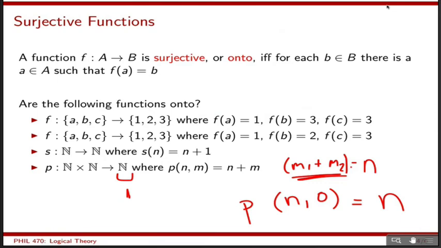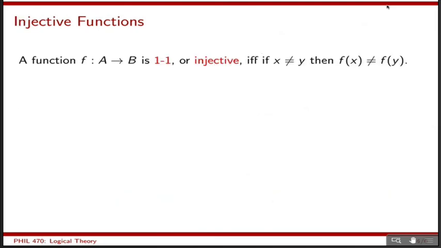The sum of n and 0 is always going to be equal to n, because n plus 0 is n. So for every natural number, there is always going to be at least one pair that is mapped to that natural number. Of course, this is a nice example, because there are going to be lots of pairs that get mapped to a particular natural number. Consider, for example, 3. We have 3, 0 is mapped to 3, but also 1, 2 is mapped to 3, and so is 2, 1. But being surjective just means there has to be at least one.